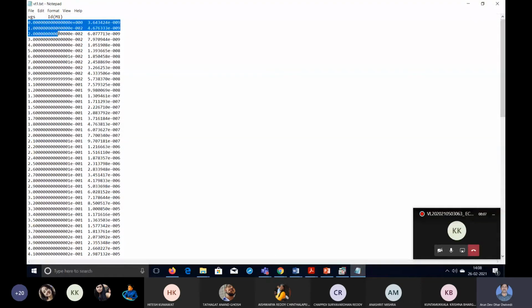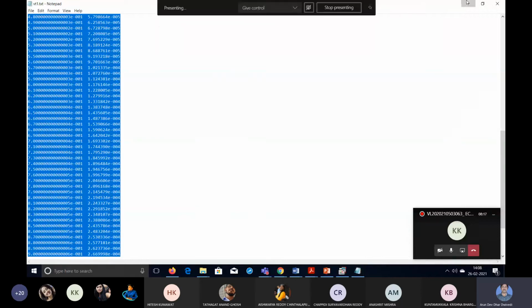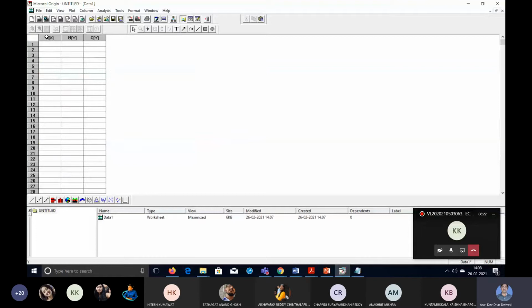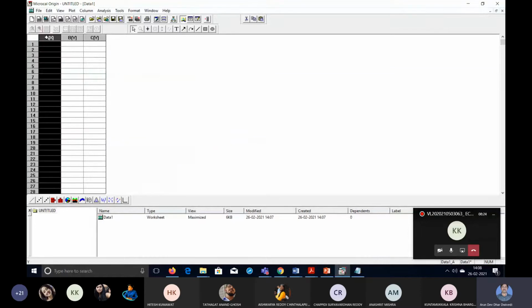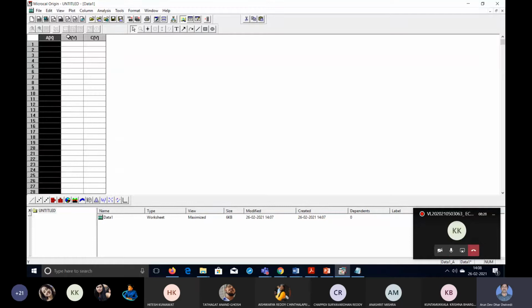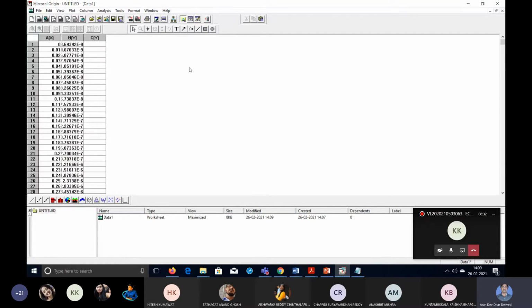So both we can copy directly and paste in the Origin. There are two columns, so you can select the first column, then Control, select the second column, and Control V. It is pasting.